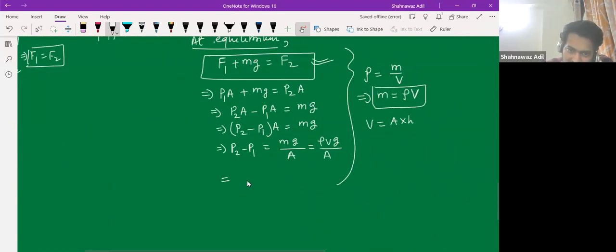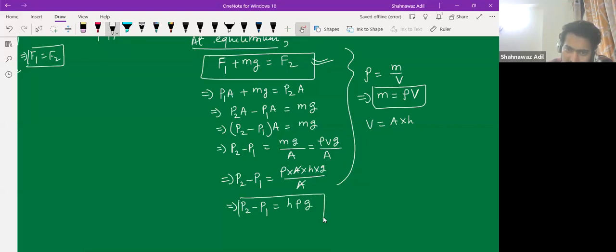If I put that value, this is rho, volume is area into height, and this is A. A will cancel, and I will get P2 minus P1 equals h rho g.